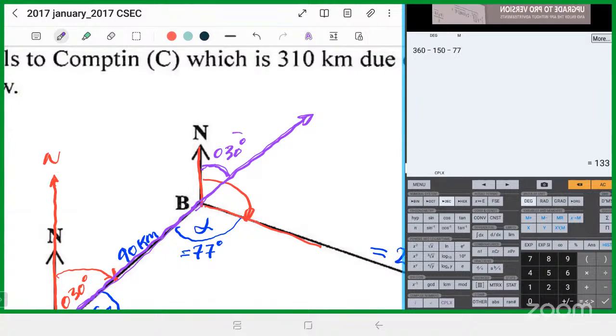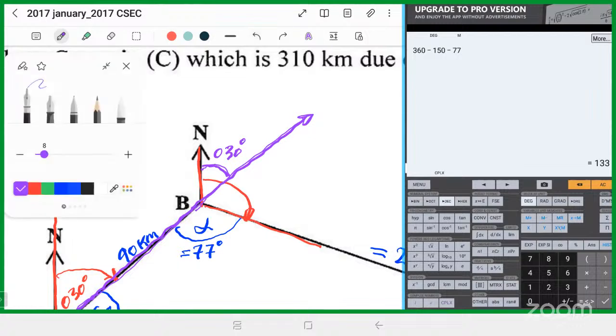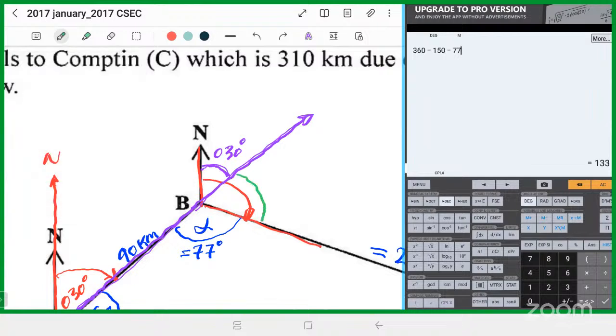This is just part of this red angle that you want. The other part of this red angle is this piece inside here, which I'm going to mark in green. So the red angle they want becomes the sum of the 30 and this angle. What is this angle? It is part of the angle of this straight line.